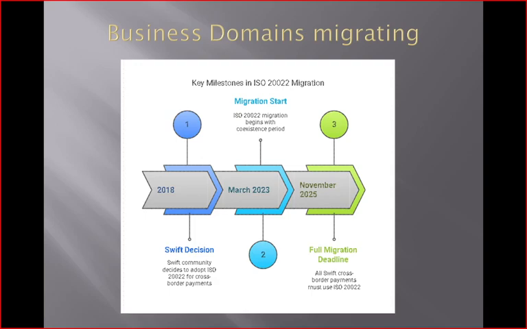From 18 to 23 they decided the rules, and from March 23 the first migration started. And if you remember, this year only, November 25 was the deadline for banks to fully migrate. So there was a hybrid mode going on for migration from 23 to 25, and 25 is full flex. So these are the high level deadlines of the migration part.